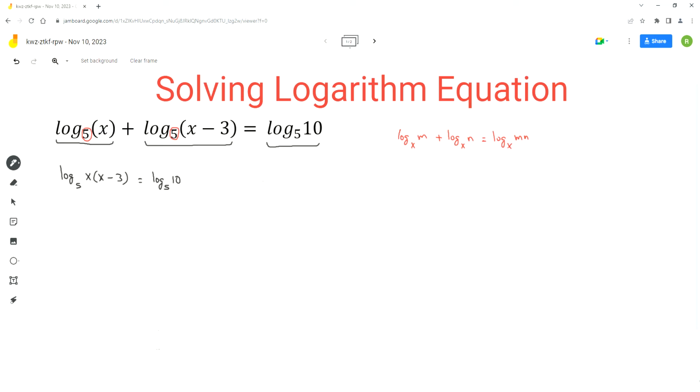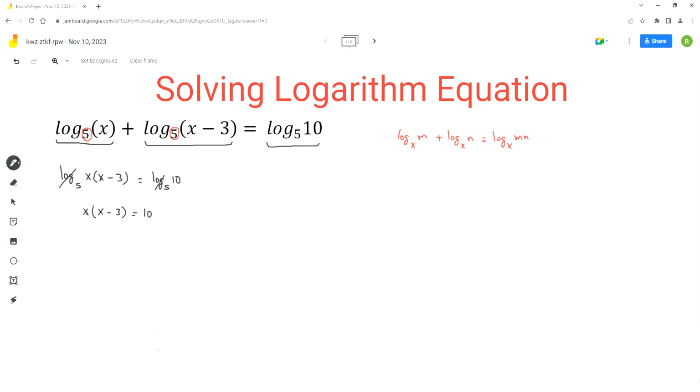Both log terms have the same base, and there is only one log term on both sides of the equation. So we can cancel out the logs and we are left with x minus 3 equals 10. So this is the equation we have to solve to find the value of x.